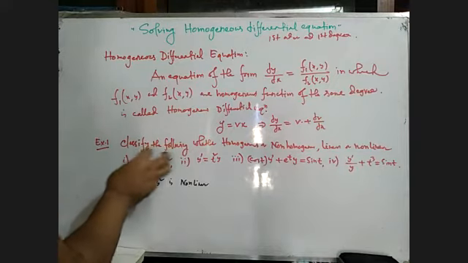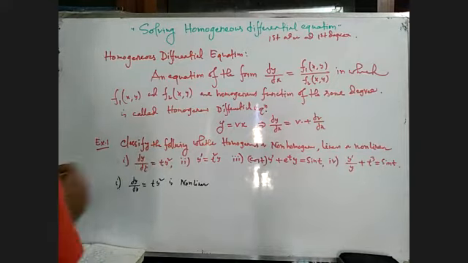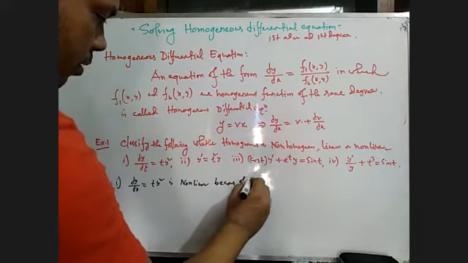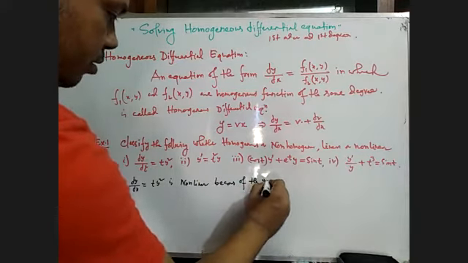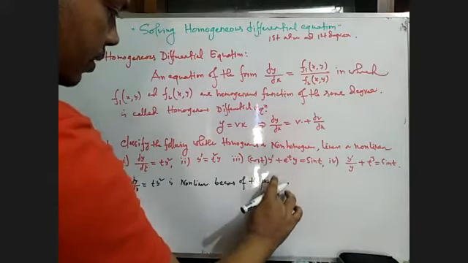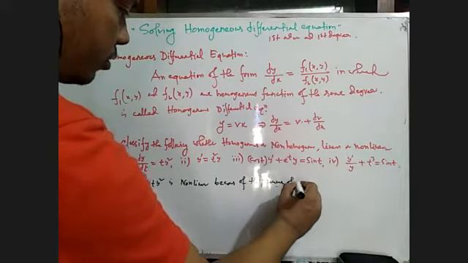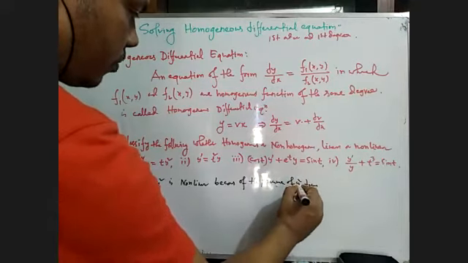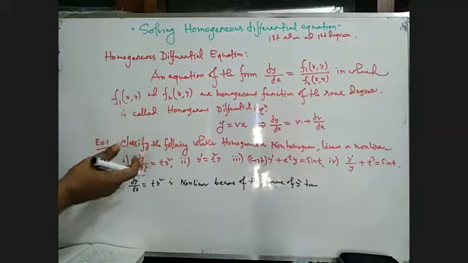So this is not linear because of the presence of the y square term. This y square term makes it non-linear. Remember it.